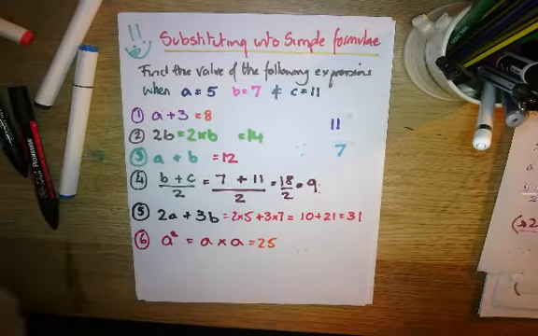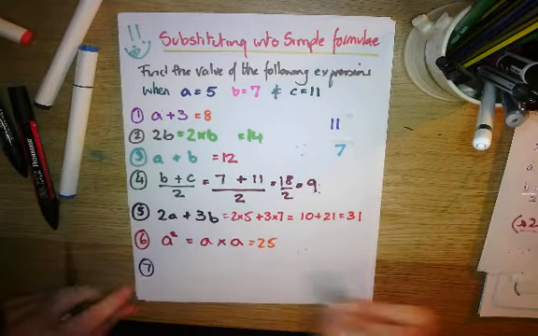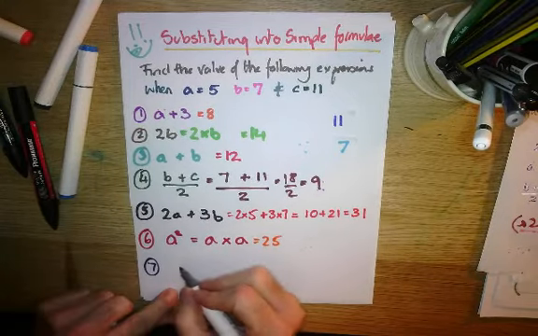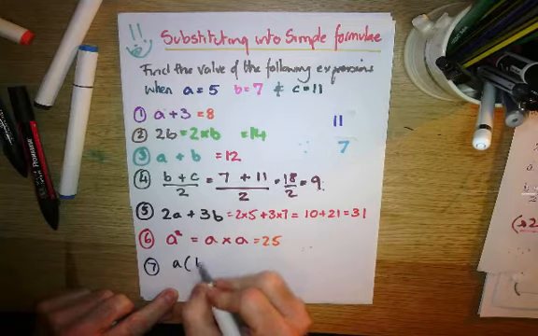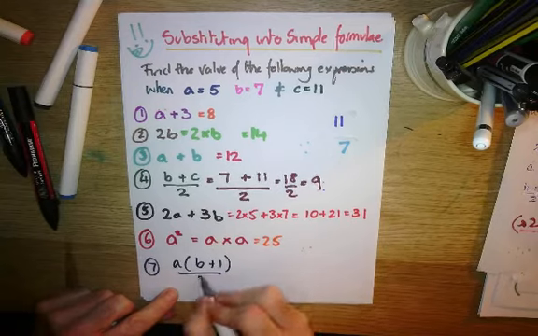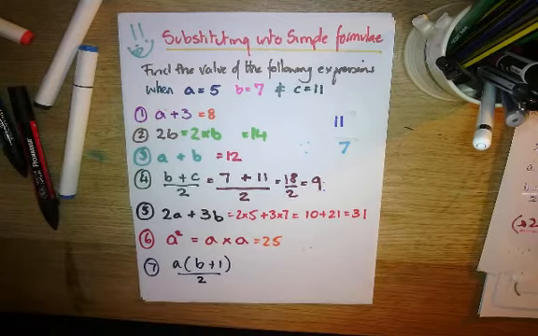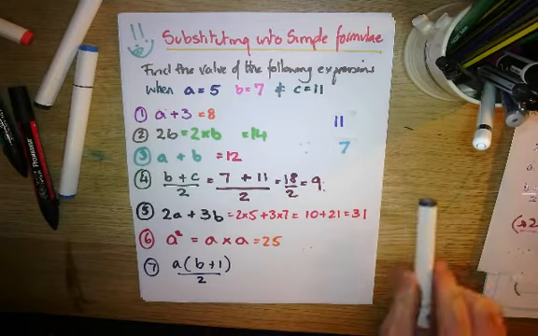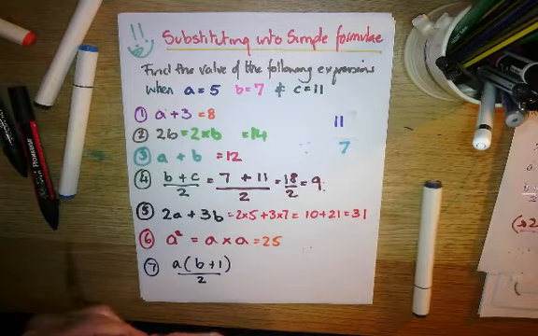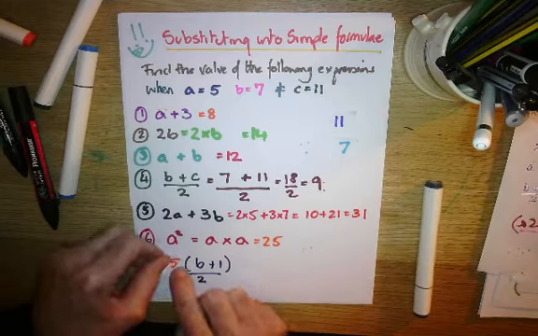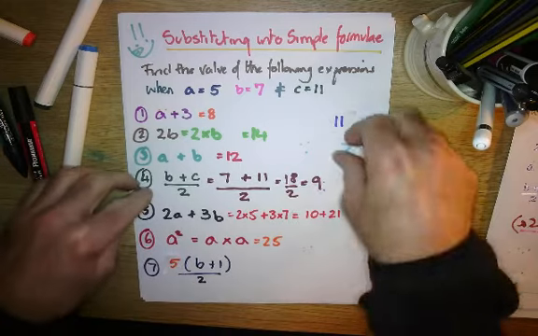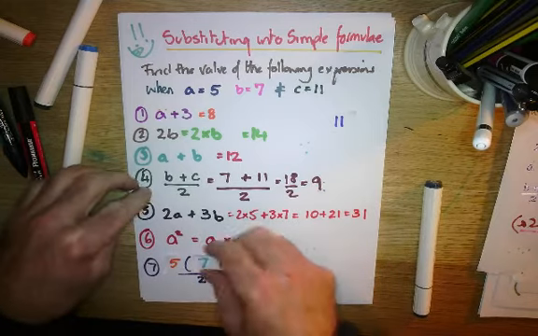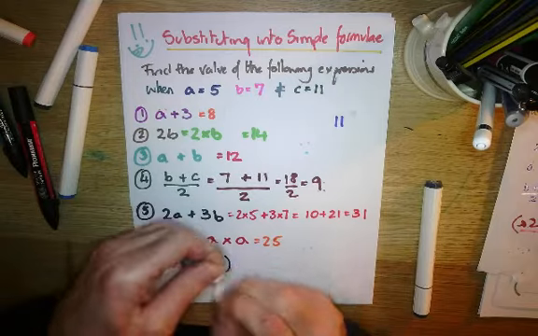And then finally, last one, let's look at this one here. We're going to do it A, B plus 1 all over 2. Looks really complicated, doesn't it? Well, let's see if we can do it. Firstly, I know my A value, bring back my 5, boom. Then bring back my 7, there.